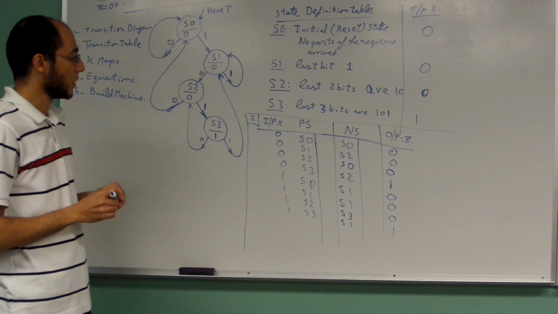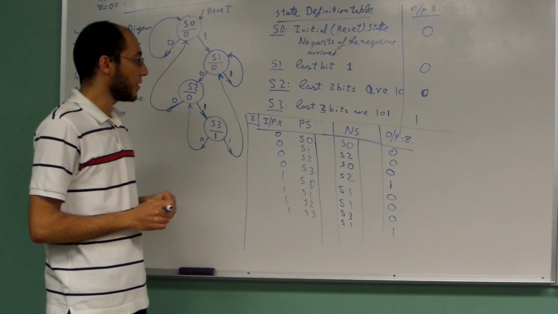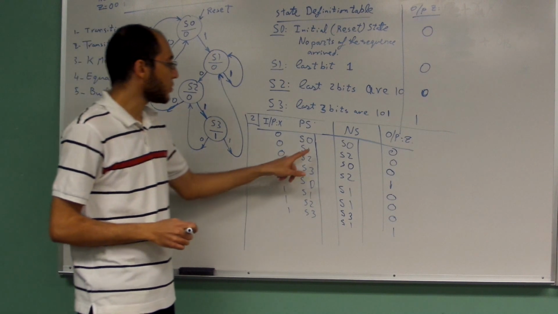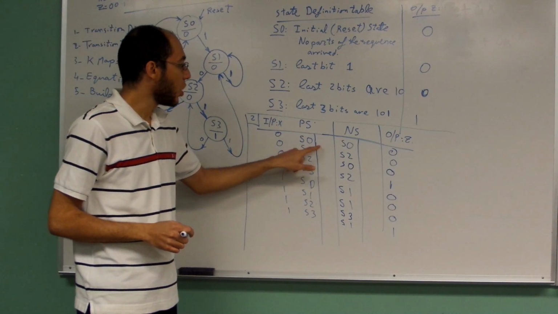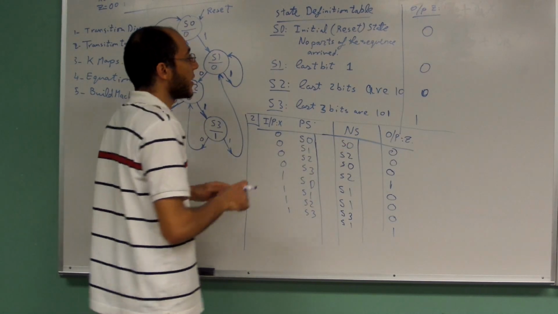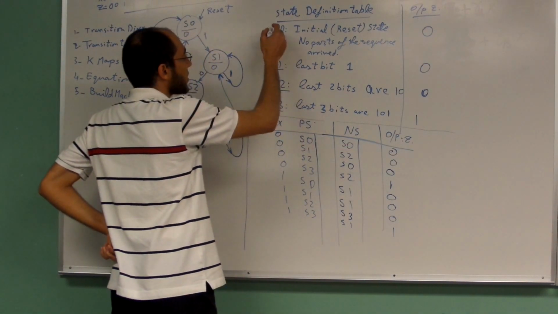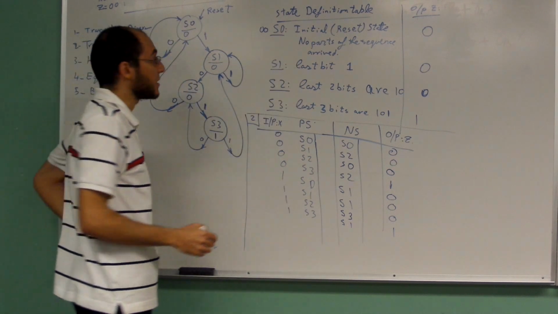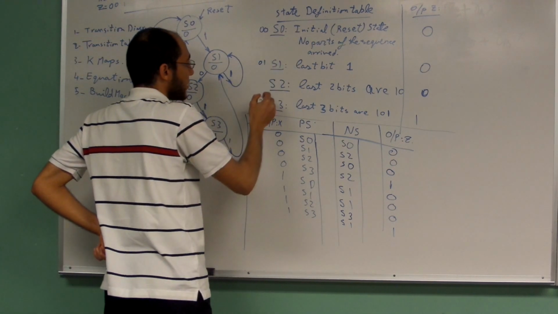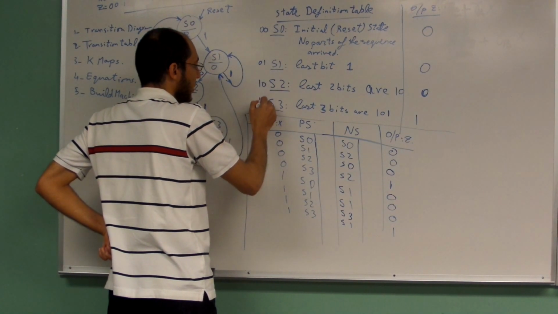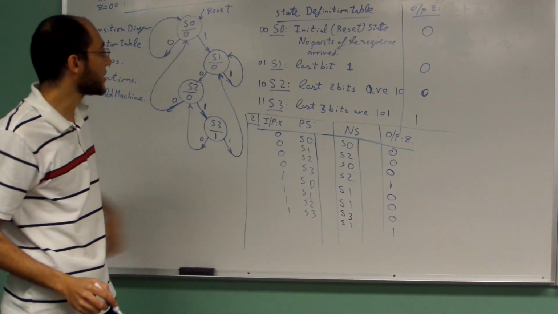Okay? So, to the binary assignments. What do we do in the binary assignments? We need to represent these states with binary. So what I'm going to do is assign a binary 0, 0 to state S0, binary 0, 1 to state S1, and then 1, 0, and then 1, 1. These are arbitrarily chosen.